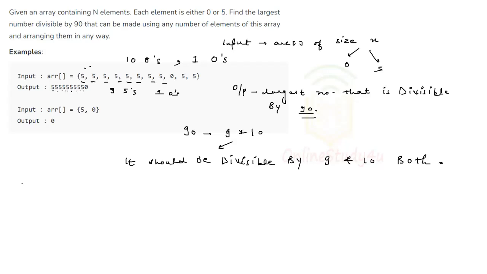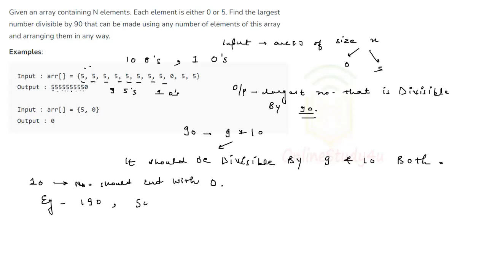So let's first learn about the divisibility of both the numbers. If I say a number is divisible by 10, then what do I mean by this? The number should end with 0. Suppose I take an example as 190. 190 is absolutely divisible by 10.